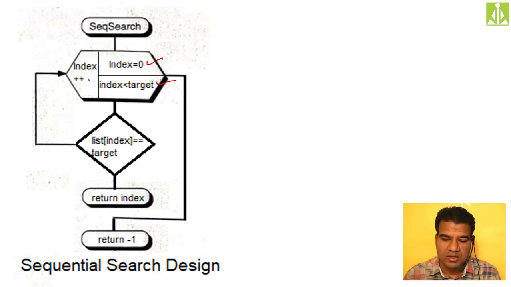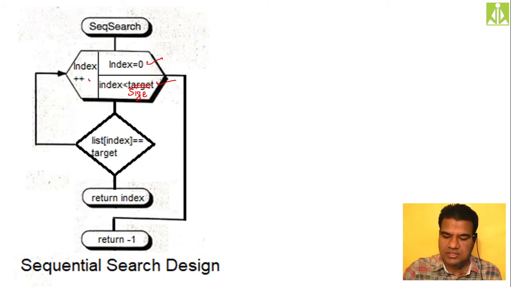In every iteration we are comparing the list of index with the target. If the search is successful, we simply print a successful message on the output screen. The index value should be less than size.